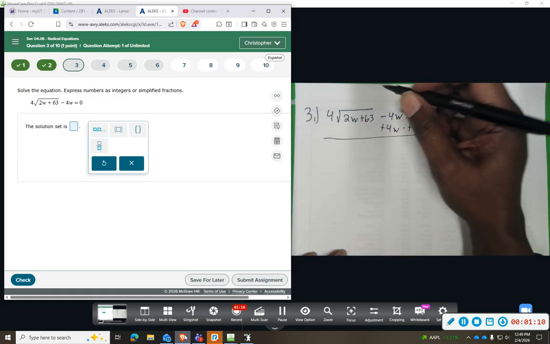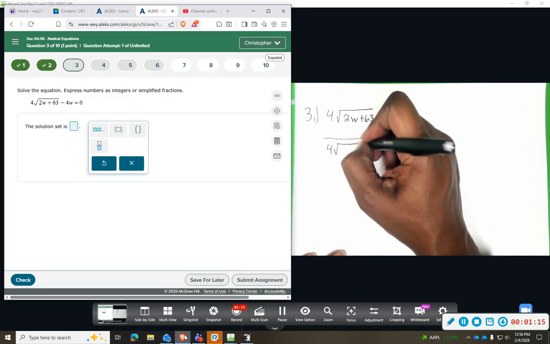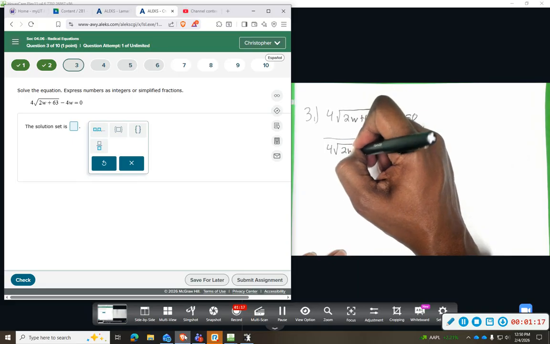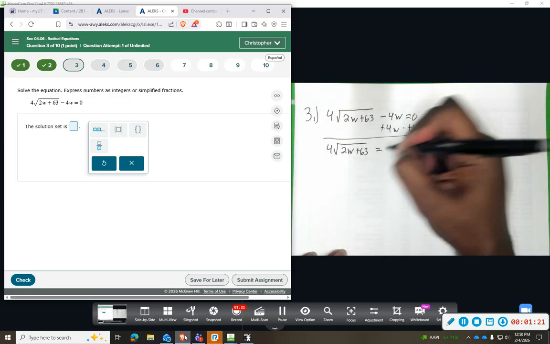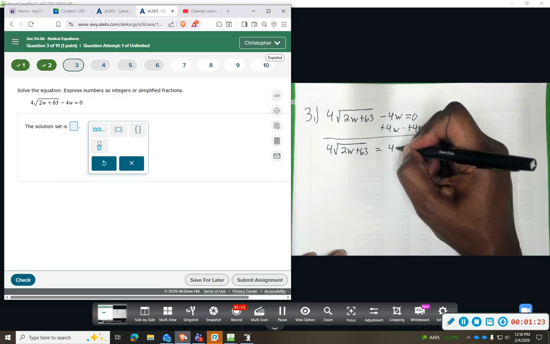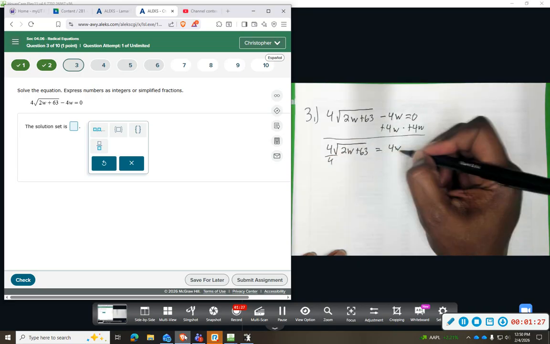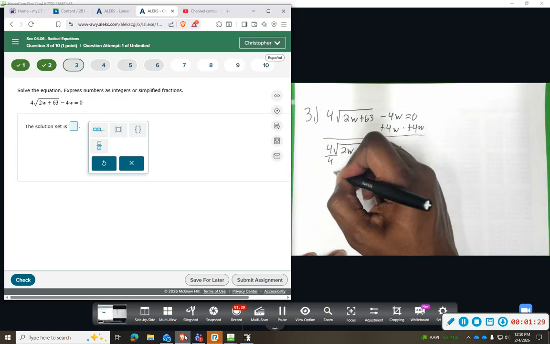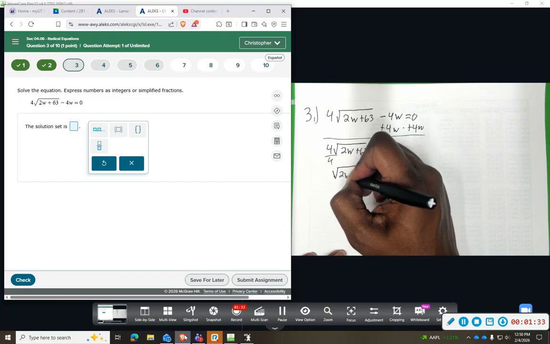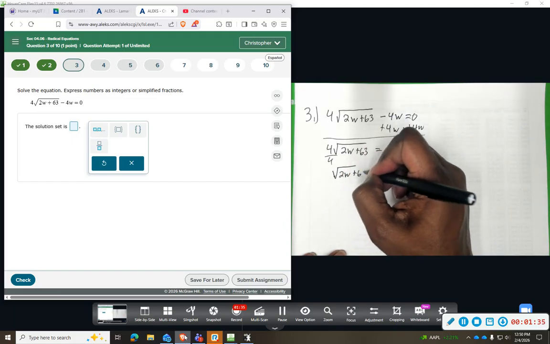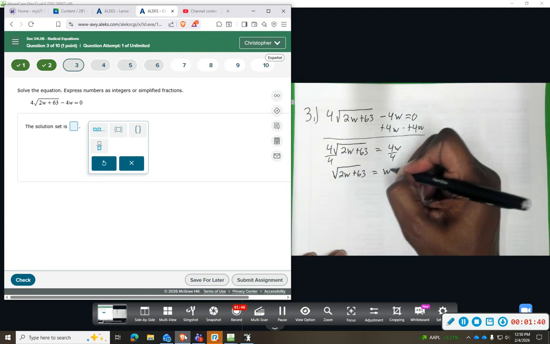That's going to leave me with 4 square root of 2w plus 63, and it's going to be equal to 4w. Now I'm going to divide by 4, and that leaves me with the square root of 2w plus 63, and it's going to equal 4 divided by 4 is 1, so just w.